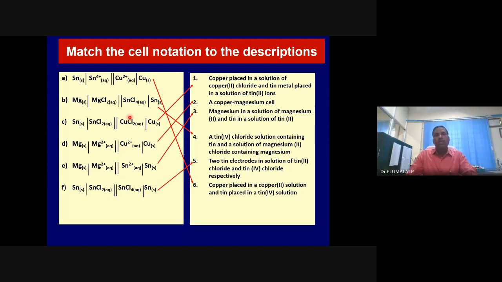Okay. So how much potential it will develop, whether negative potential, positive potential, you will have to look up the standard reduction potential table. I will introduce what is the standard reduction potential table, maybe in today's class.